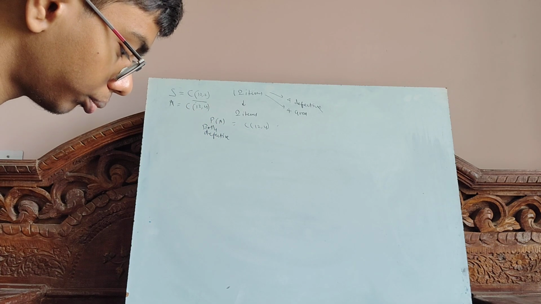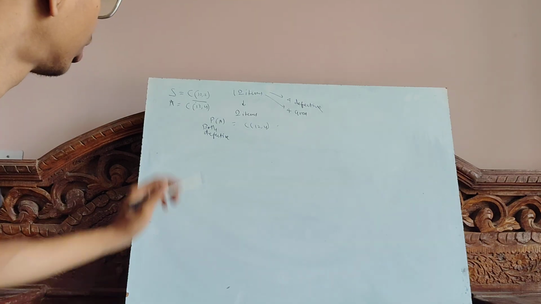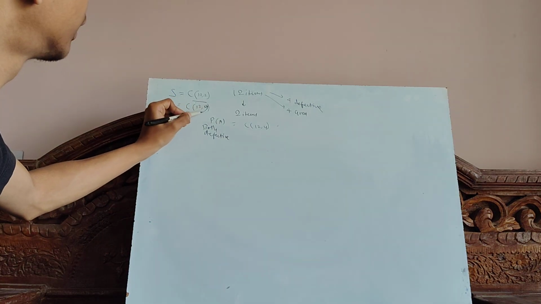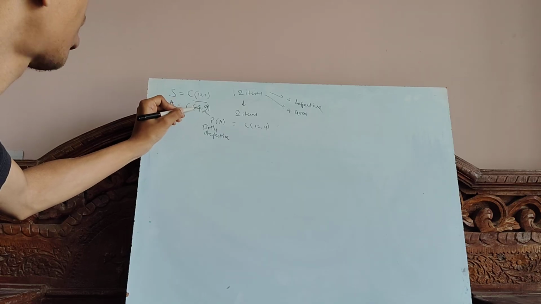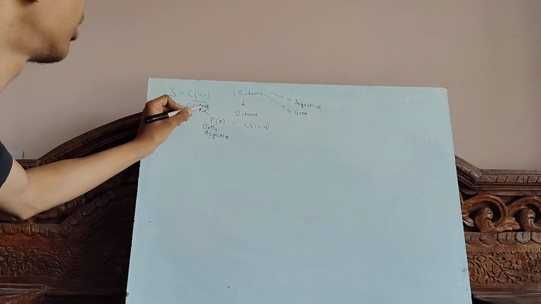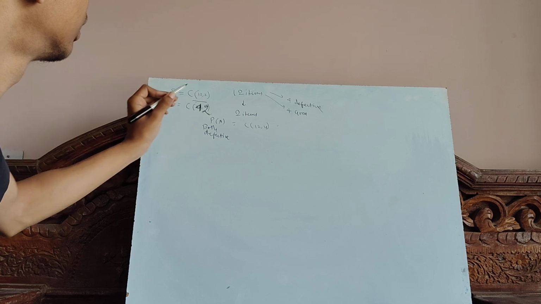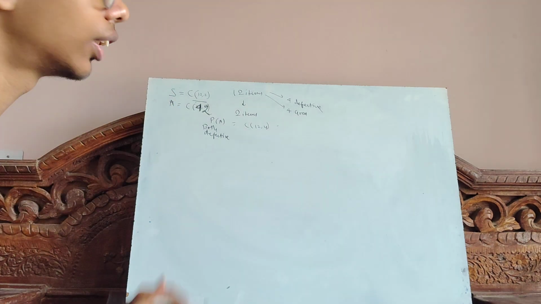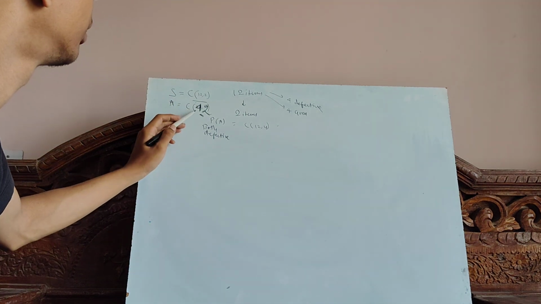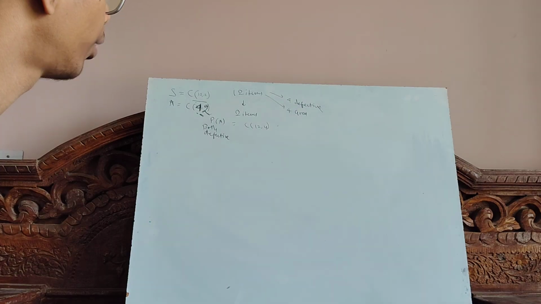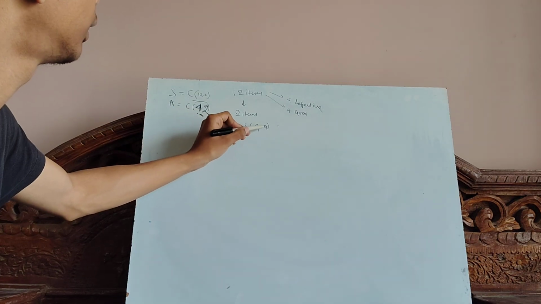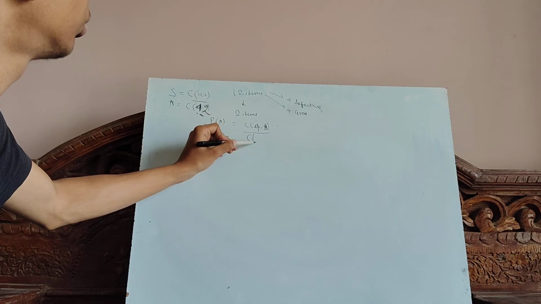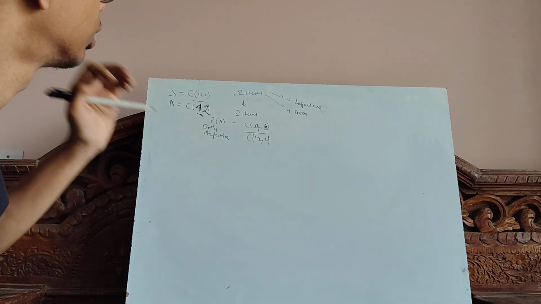Okay, I have to select 2 items, right? And I have 4 defective items. So out of 4 defective items, I have to select 2 random items from 4. So the number of ways of getting those 2 will be C of 4, 2, right? Favorable outcomes by total number of outcomes, right?